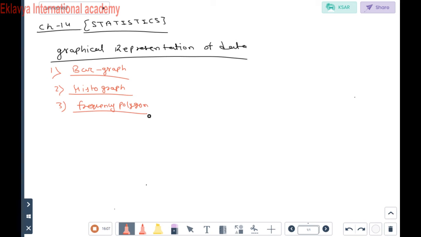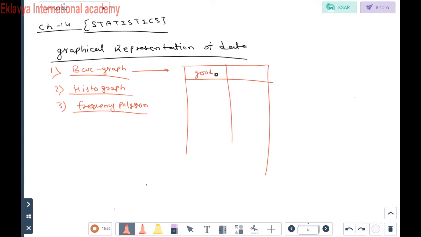So students, in bar graph, the given information is represented in the form of bars. किसमें रिप्रेजेंट करते हैं? बार्स में रिप्रेजेंट करते हैं. And a bar is nothing but a rectangular shape. For example, given to you here the goods and here the prices.